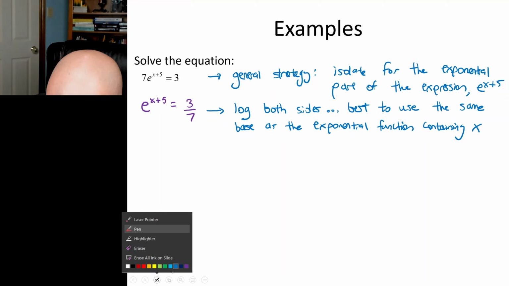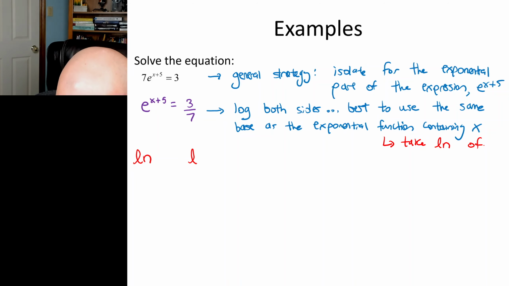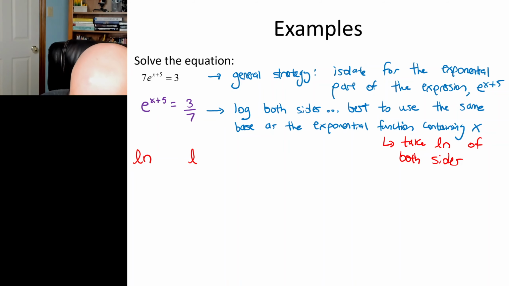So here's how we do that. I'm going to take the log of the left side. So that means take ln of both sides, since ln is log base e. So I take the ln of the left side and the ln of the right side. So the ln of the left equals the ln of the right.